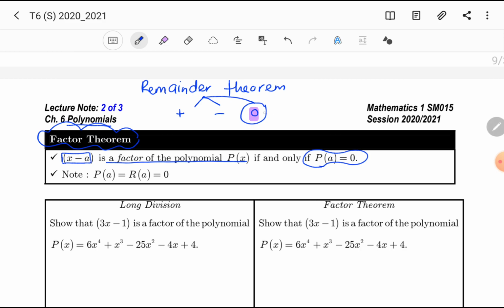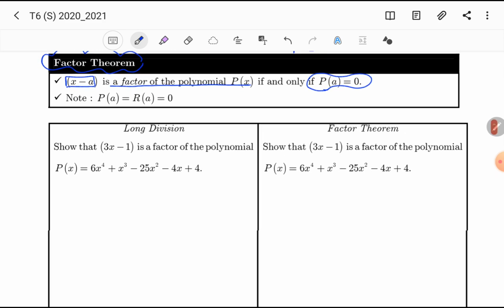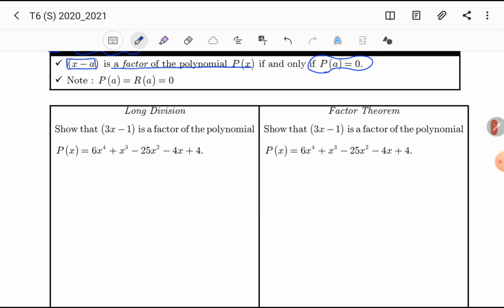So when we got 0 remainder, dekat sini lah kita guna factor theorem. Okay. So when the remainder is 0, so the divisor automatically is the factor.